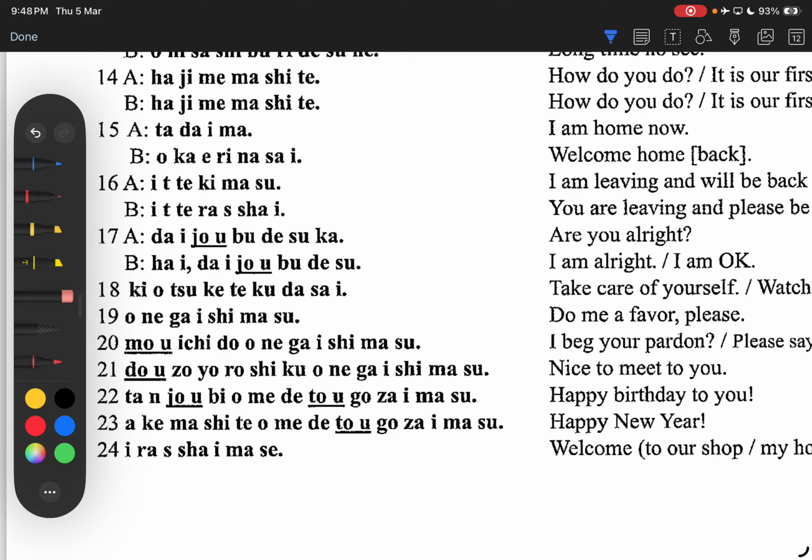Number 21. どうぞよろしく. So どうぞ by itself means like please, like here you go, right? Like you're giving something to someone, right? よろしく simply means like take care of me.